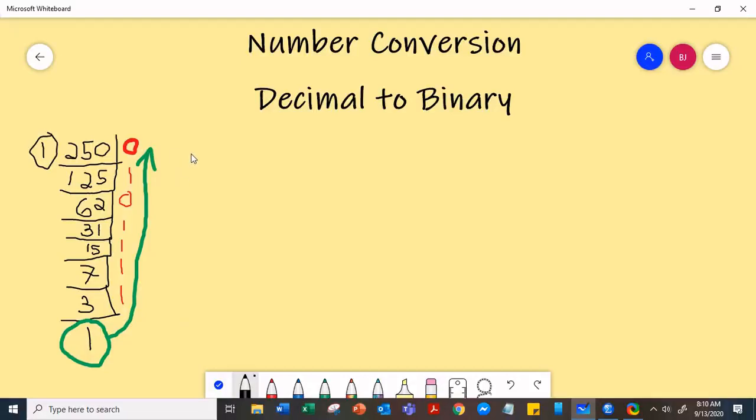So let me just put that up. So 1, 1, 1, 1, 1. So that would be 5 ones. 0, 1, 0. And binary. As always, do not forget to put in the base 2 to signify that this is a binary number.